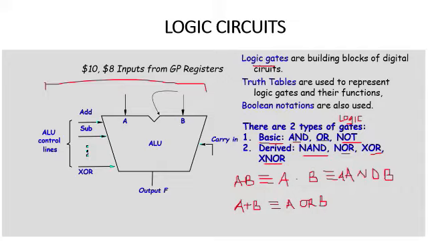Not here we represent as bar of A, and bar of A is equal to not A. Okay, so these are the basic Boolean operations.